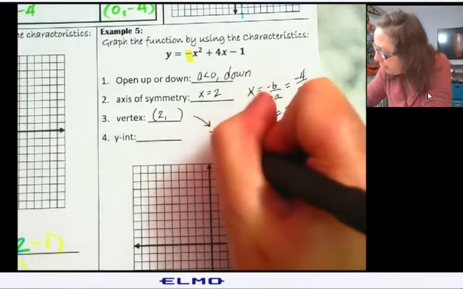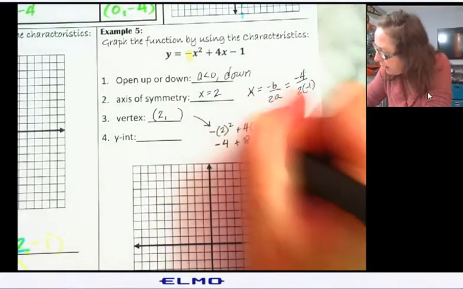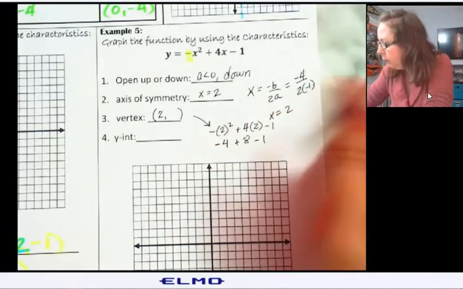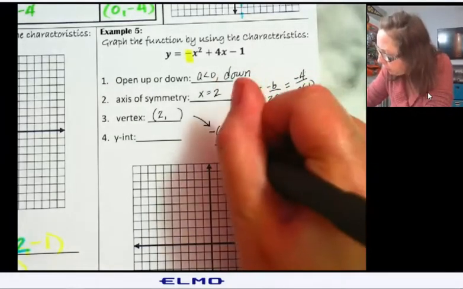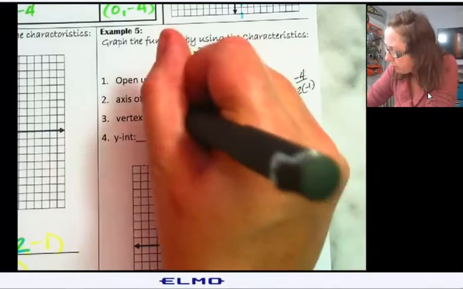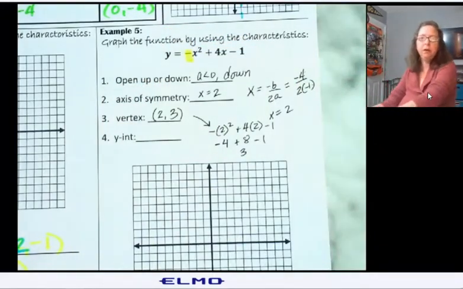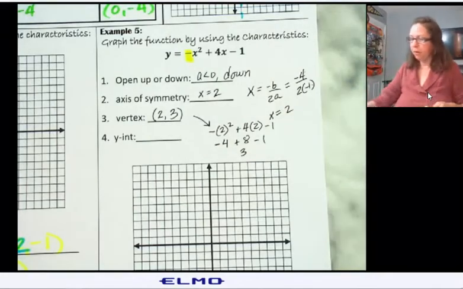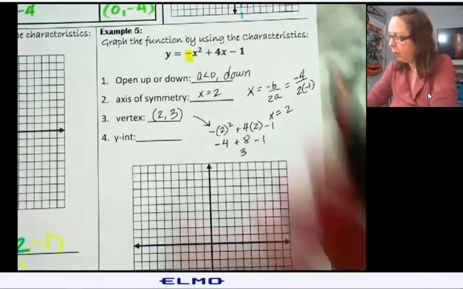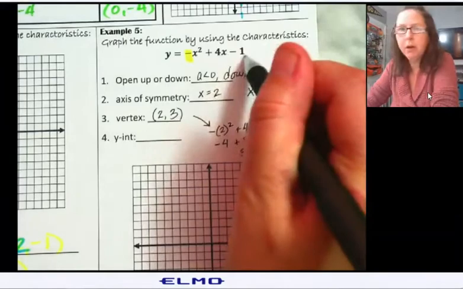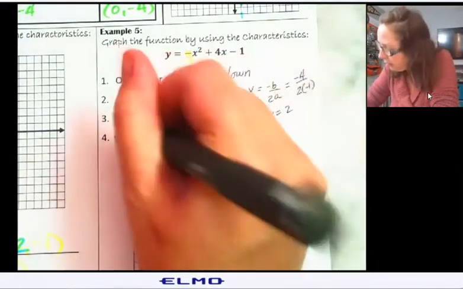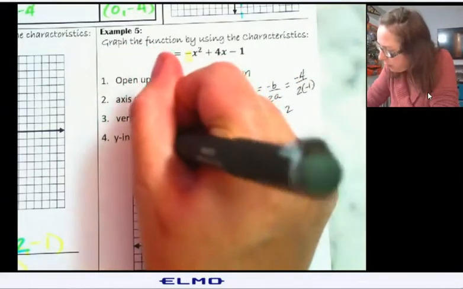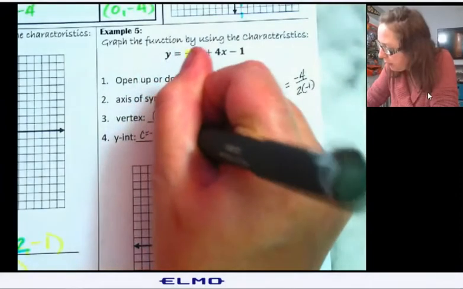That's going to give me -4 plus 8 minus 1, which is 8 minus 5, which is 3. So there is my vertex. And finally, for my y-intercept, the y-intercept is the value of c. c equals -1, so the y-intercept is at 0, -1.